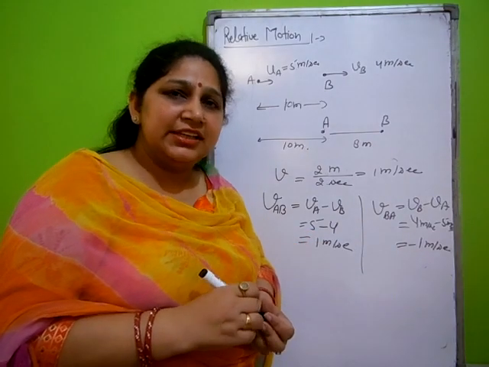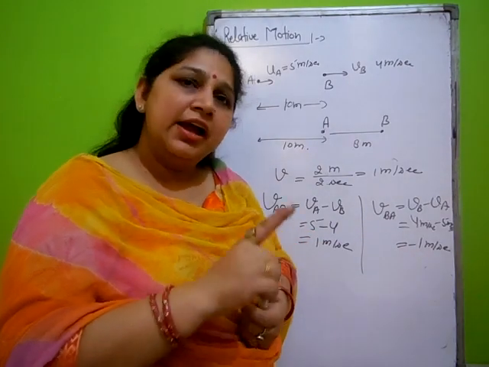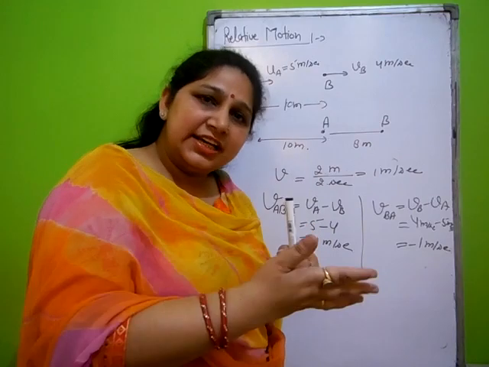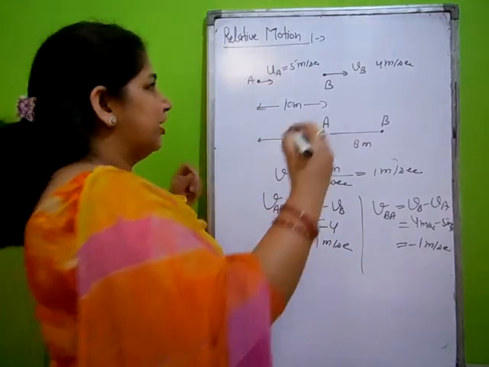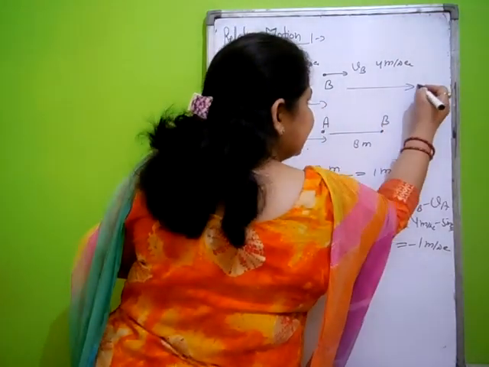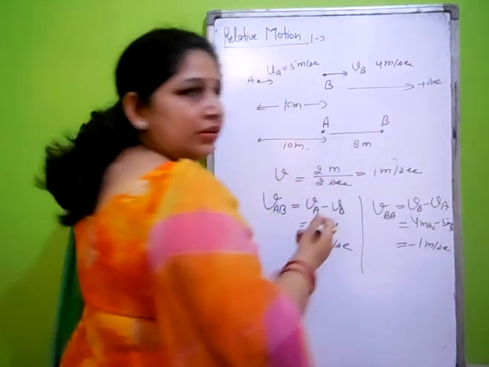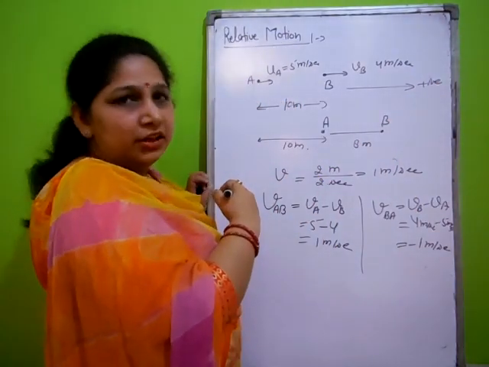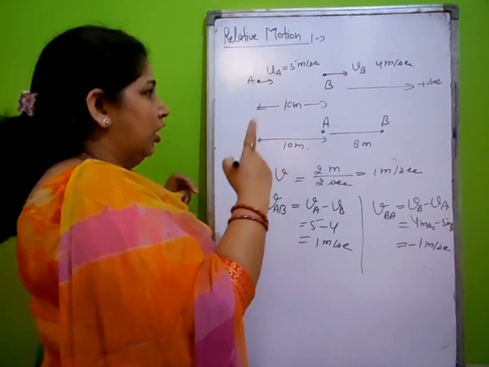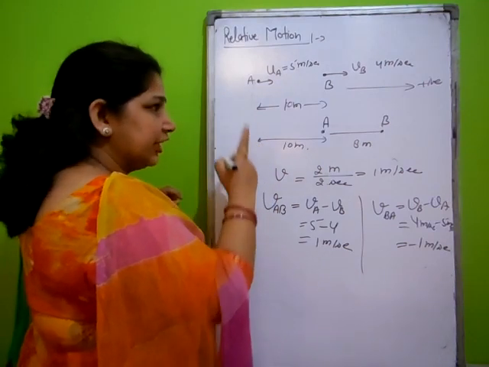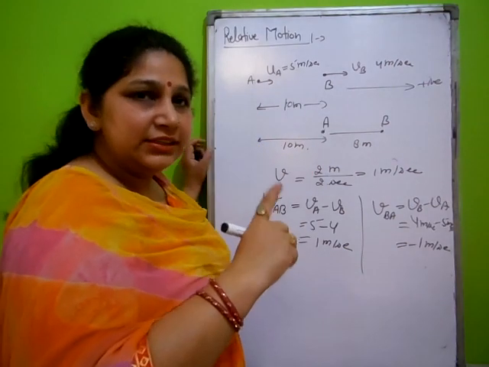Always we will consider one direction as positive and the opposite to this direction as negative. Suppose we are considering this direction as positive, then opposite to this is negative. Got it? Always consider any one direction as positive, then opposite to that is negative.